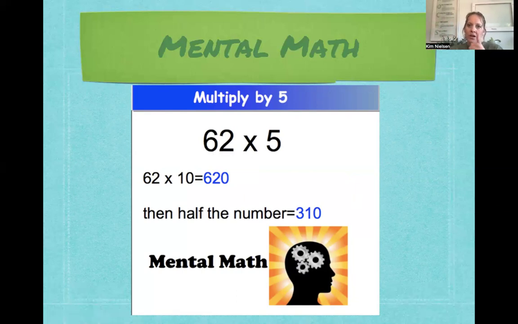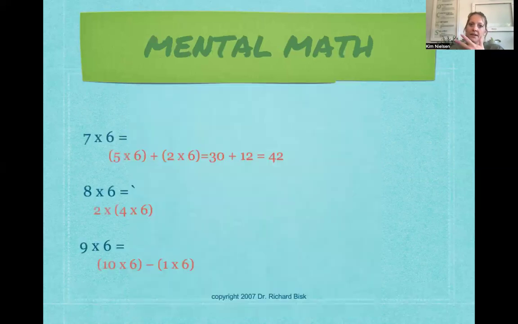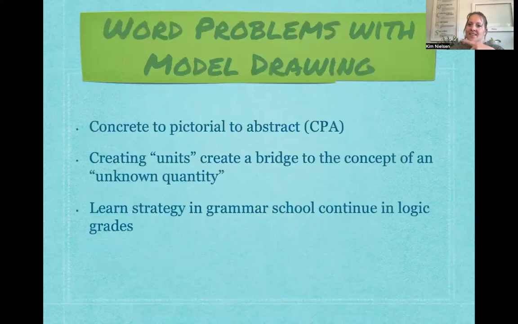So we've got really a number sense, we've got mental math. We'll do these examples when we're in the workshop. And then the last is really not the last, but another main kind of triad or part of the curriculum is word problems. And we're going to use model drawing for word problems.